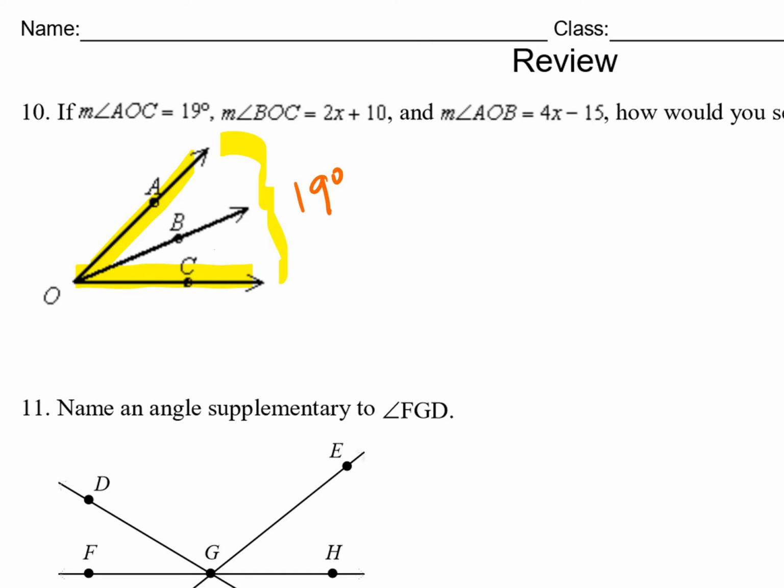BOC, this angle is 2x plus 10. AOB, 4x minus 15. All right, well, what does the picture show us? The first angle plus the other angle equals 19 degrees. That's it. All you had to do is set it up.